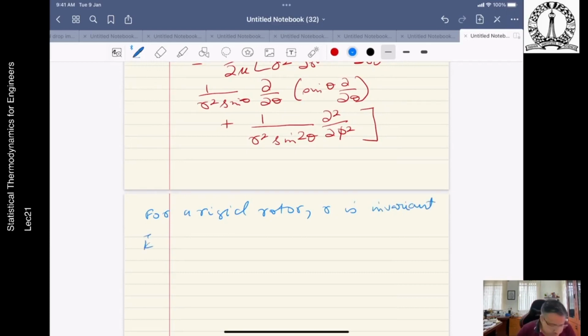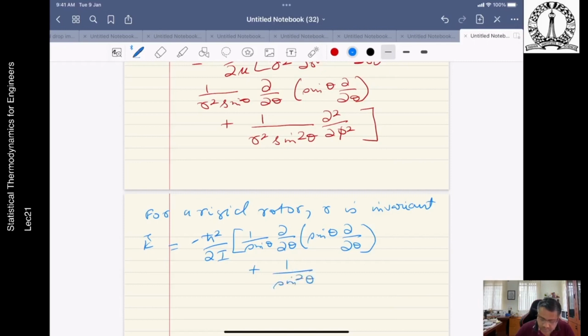So the K operator therefore becomes, with no differentiation with respect to R anymore, h bar squared by 2I times 1 over sin theta d by d theta of sin theta d by d theta, plus 1 over sin squared theta d squared by d phi squared.